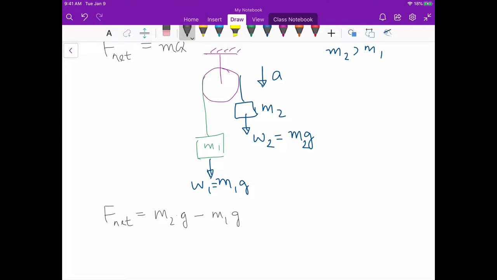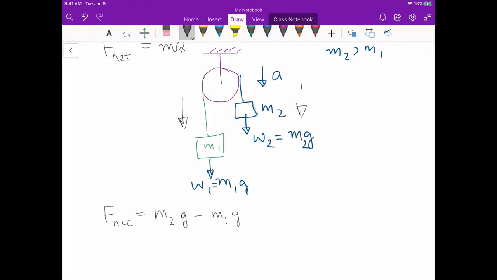Even though both of them seem to act in the downward direction, mass 2 is trying to pull the whole system in this direction, and mass 1 is trying to pull in this direction on the other side of the pulley. That means one is trying to overcome the other.